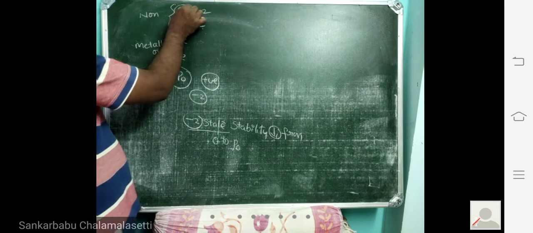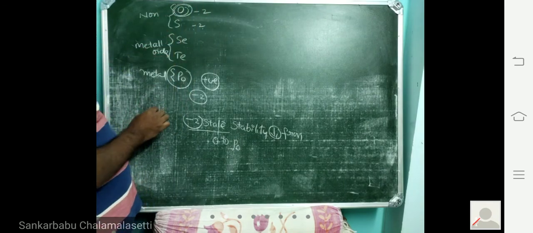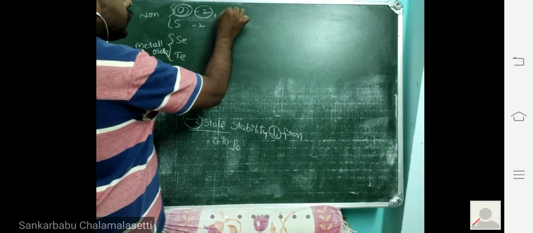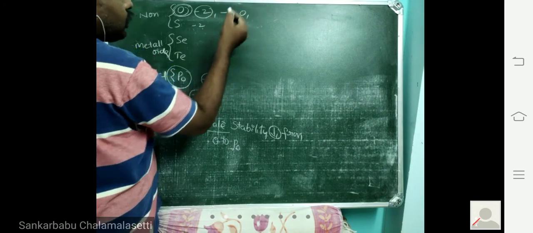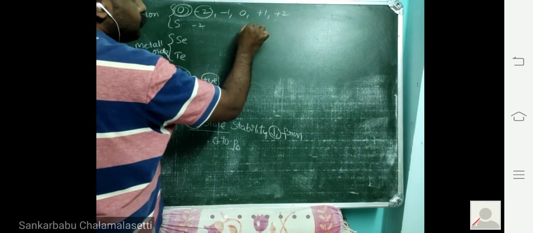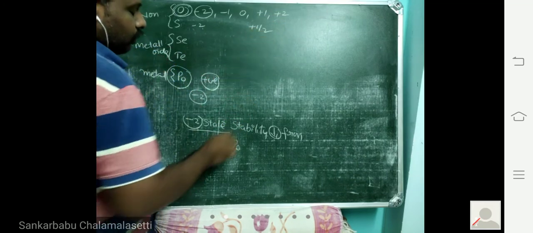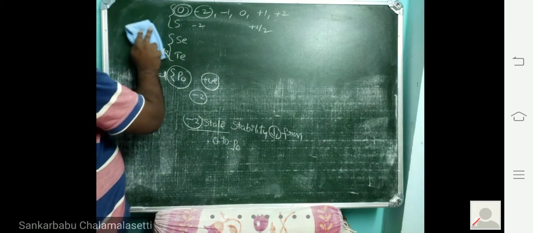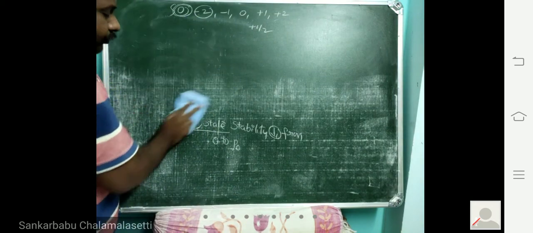Oxygen shows some other oxidation states. Along with -2, it shows -1, 0 in the uncombined state, along with +1, +2, and fractional oxidation states also.